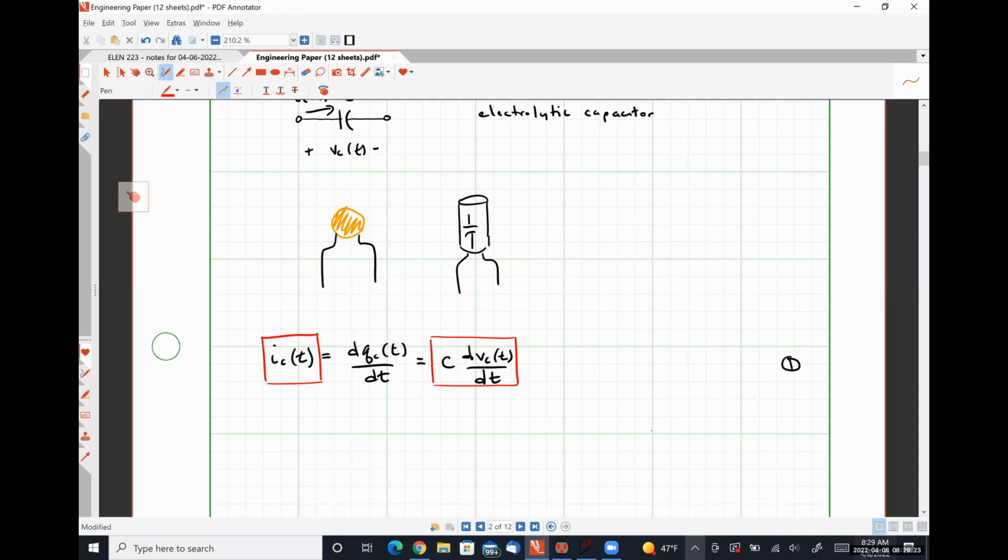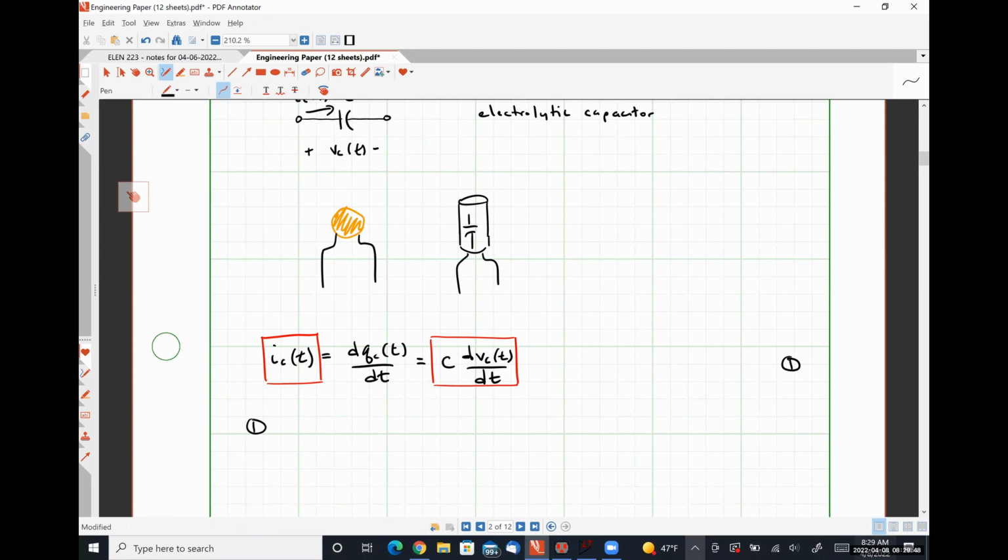From that, we should expect to see two similar results from our derivative-based relationship like we found with inductors. The first: if the voltage is not changing, what's the current flowing through the capacitor?